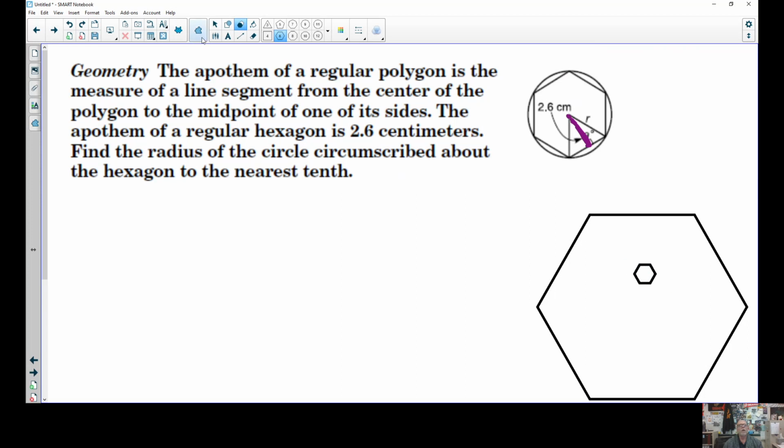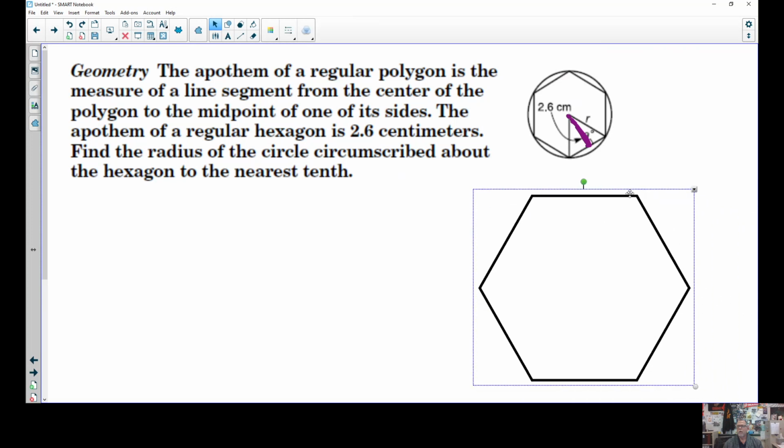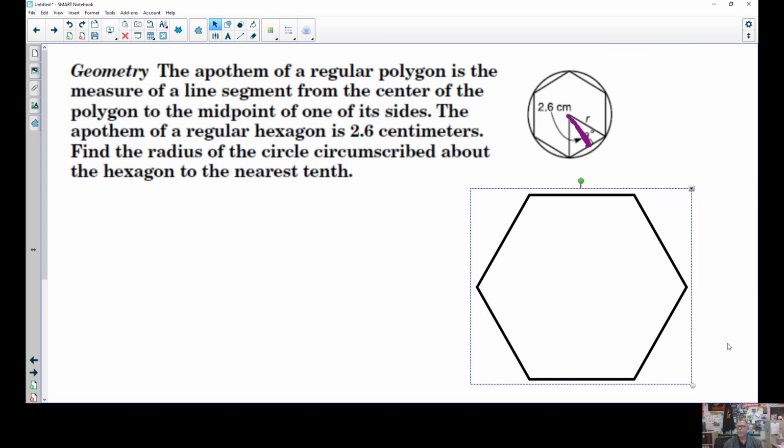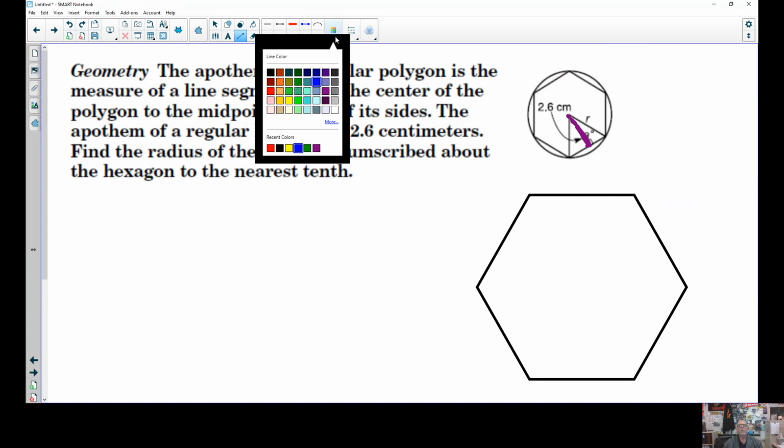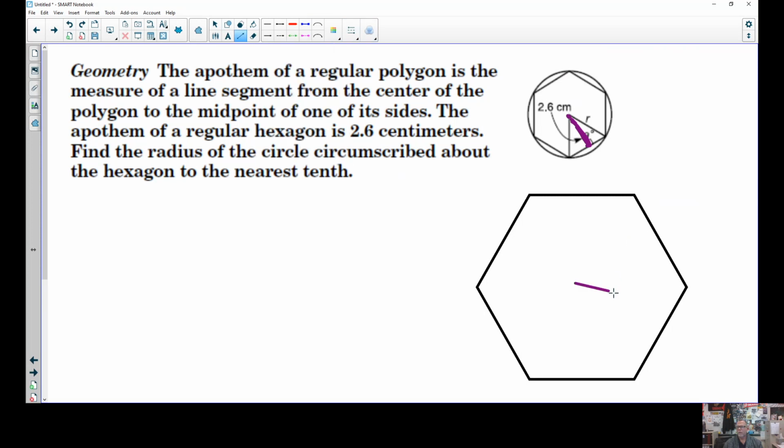I'm gonna move this over here. And now I'm going to start redrawing this a little bit. I know my apothem is from the center to the side. And they told me that was 2.6 centimeters.